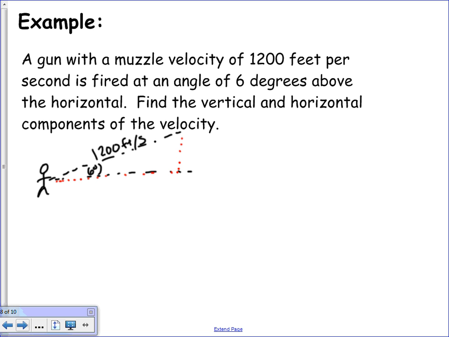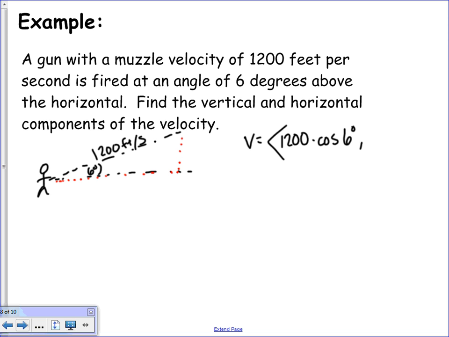So I'm just going to use my component form for v. I'm going to write the vector. And it would be my magnitude, 1,200 feet per second, times cosine of my direction angle.